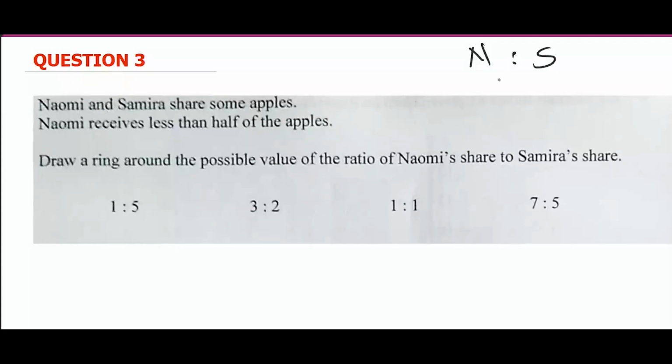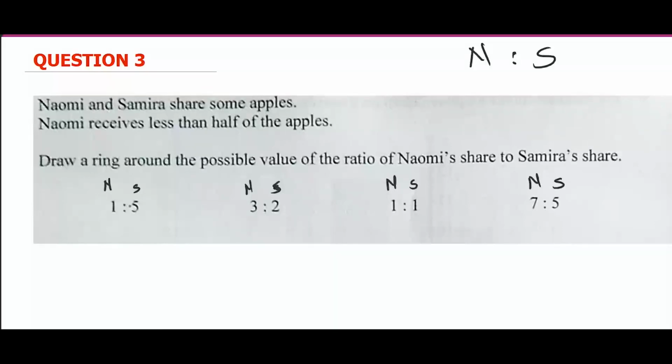We want a ratio whereby Naomi's share will be less than half of Samira's share. So we just have to check each of the given ratios, Naomi and Samira each time.